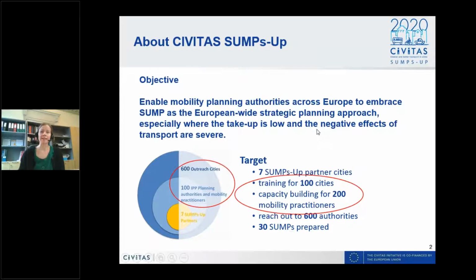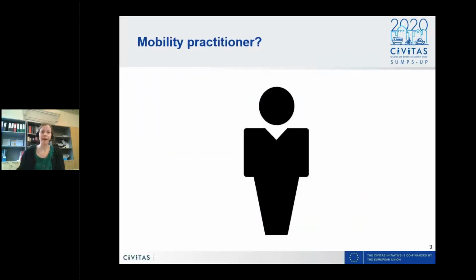But besides these programs where you have to apply, we are organizing these open activities for all mobility practitioners during the project. And our aim is to reach 200 mobility practitioners during the project overall. And what is a mobility practitioner?